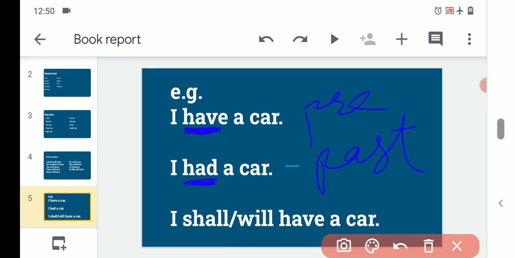In future we use shall have or will have. Here the subject is I, so you can use either of the two options. You can write shall have or will have, so here I have mentioned both of them. We can simply say I shall have a car or I will have a car.